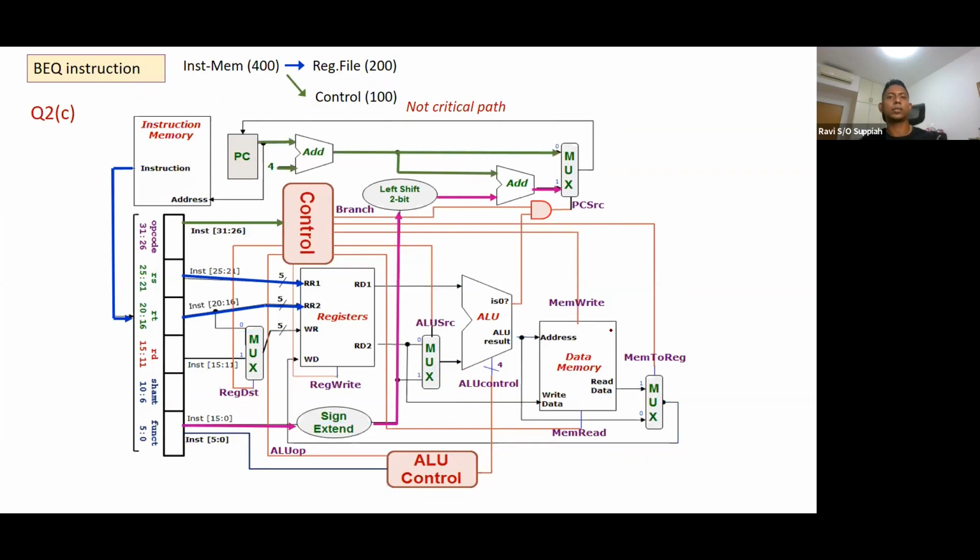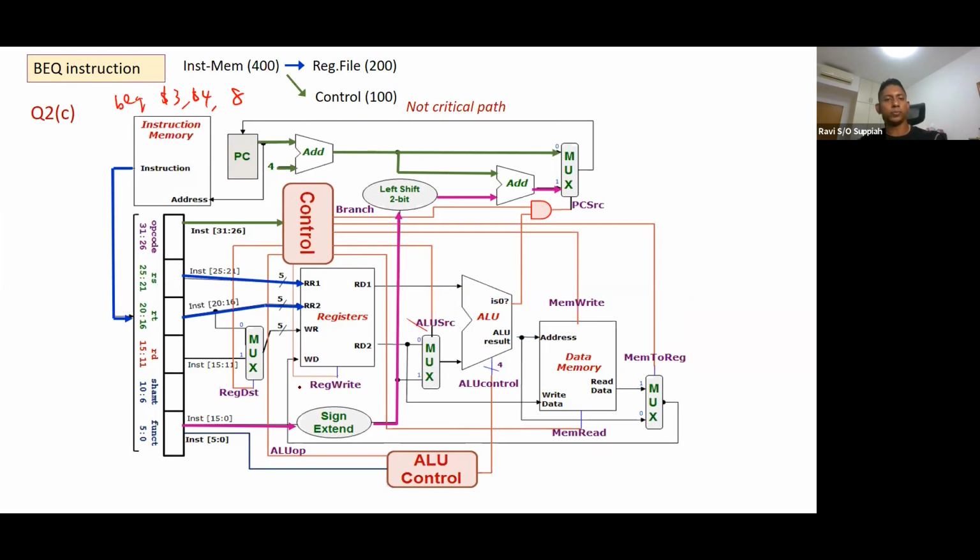For this last instruction, BEQ, so what is happening? If I write instruction BEQ, I say 3, 4, and 8. That means I'm taking the content of two registers, doing a comparison operation, and then deciding whether to branch or not to branch.